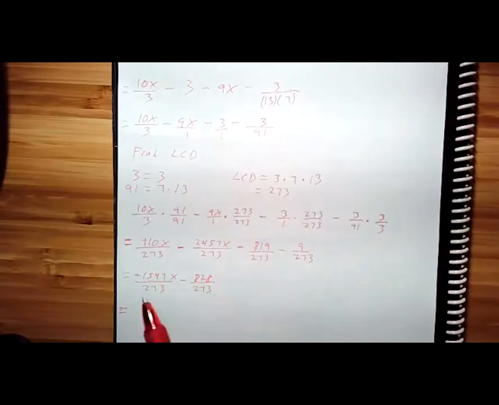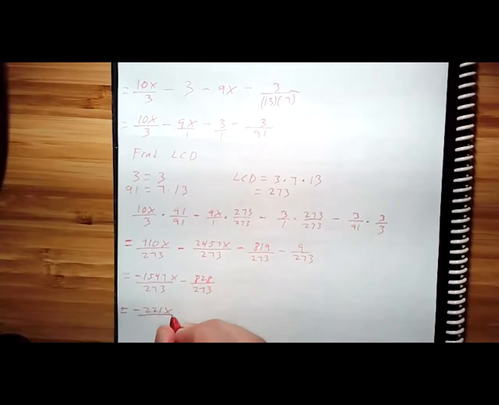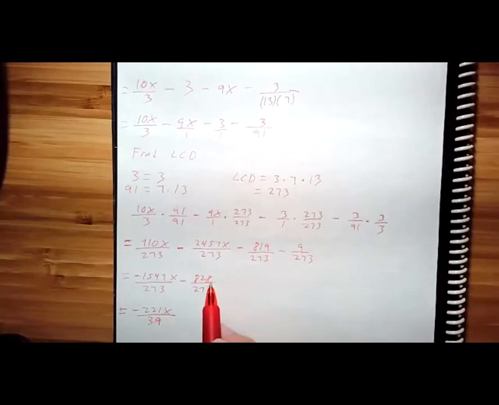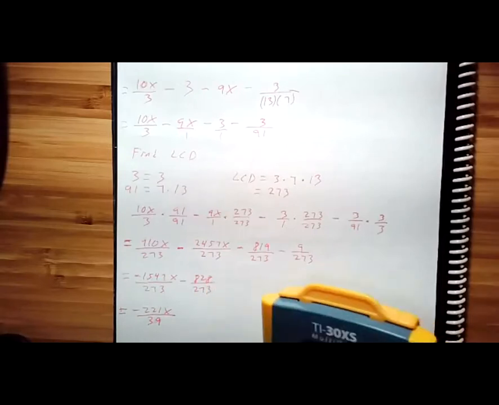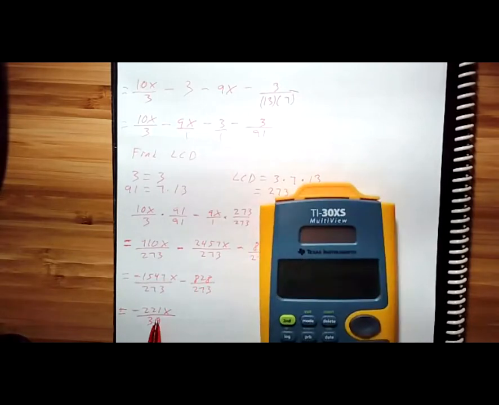So I'm going to get negative 221x over 91. No, actually, 39. Now let's check this guy. 13 goes into both of them.